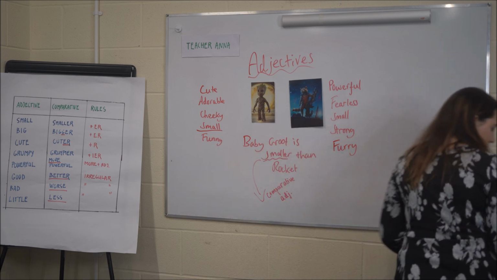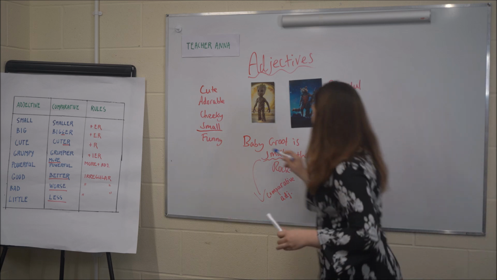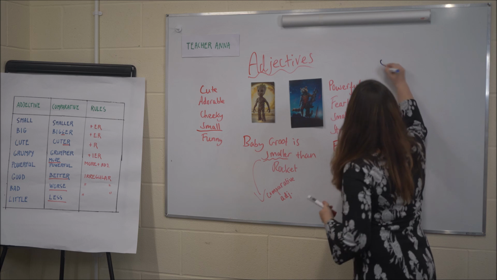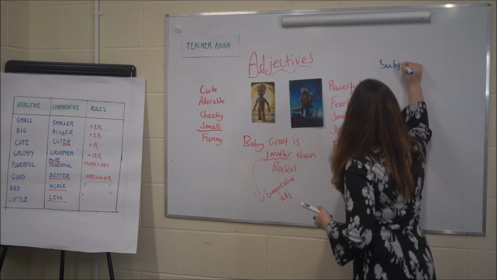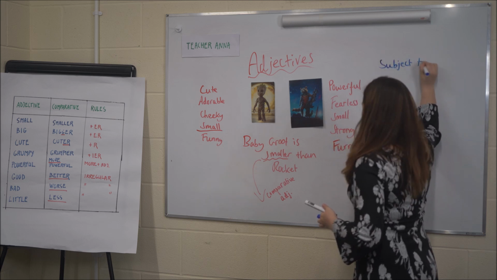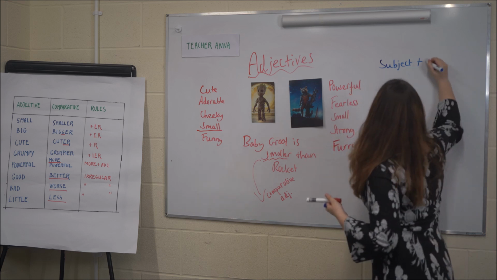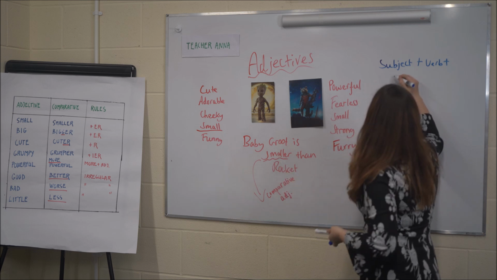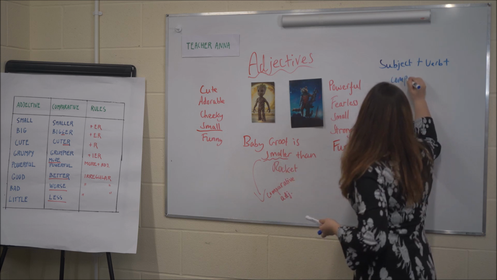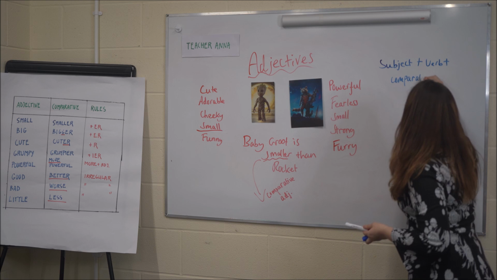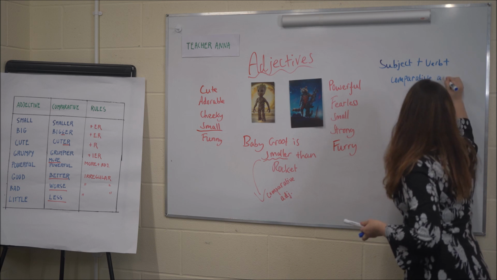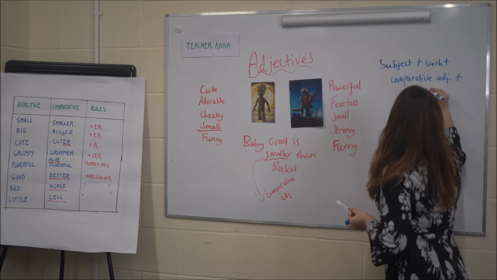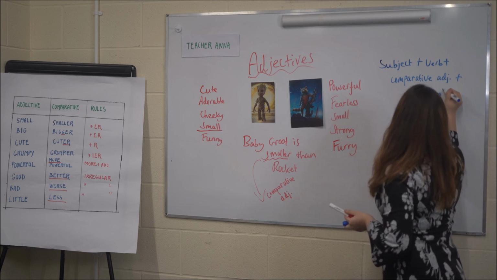Now let's go over the structure. So the first part is the subject. Then we have the verb plus comparative adjective plus than plus what is Rocket?